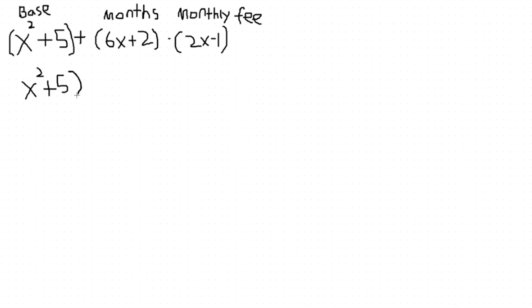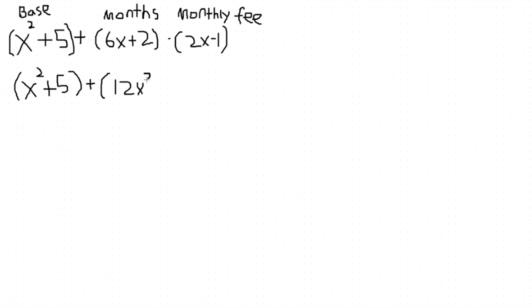The first step is just going to be multiplication here of the two binomials. As you can recall from previous units, whenever you multiply binomials, you're going to FOIL. So you start by multiplying 6x times 2x, that is 12x squared.